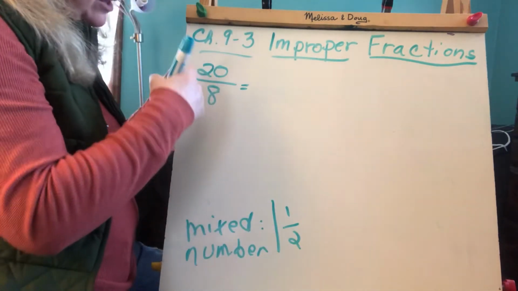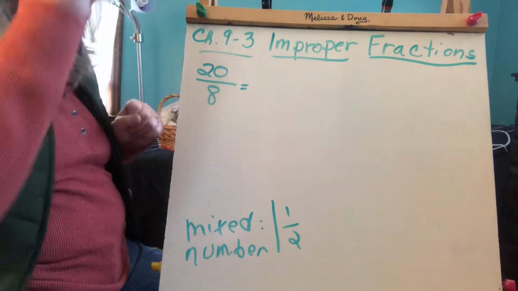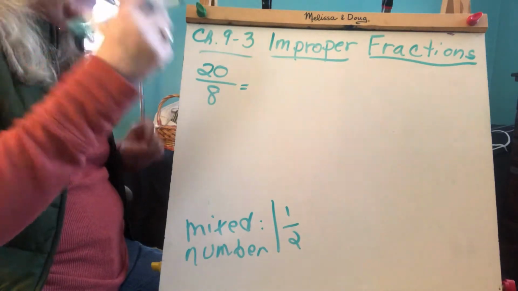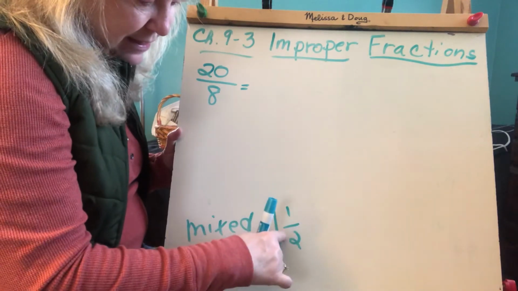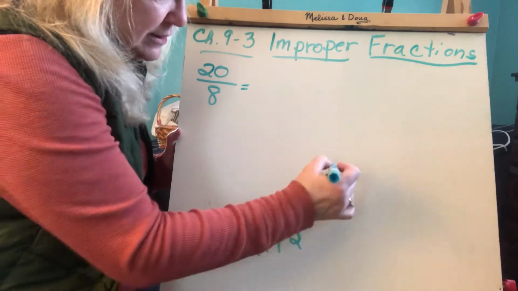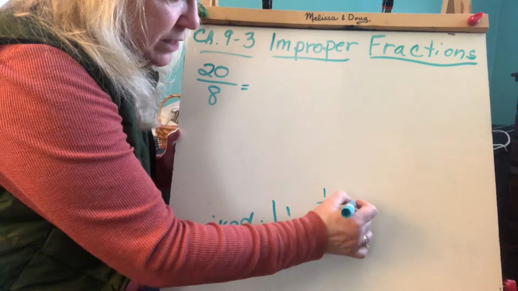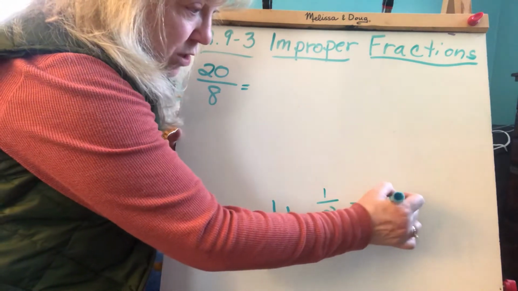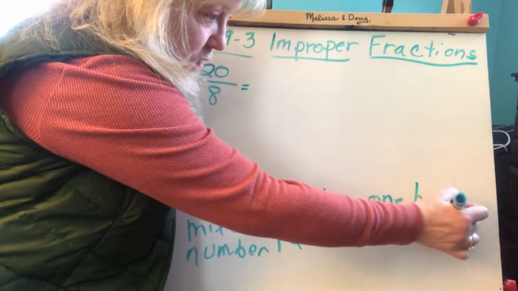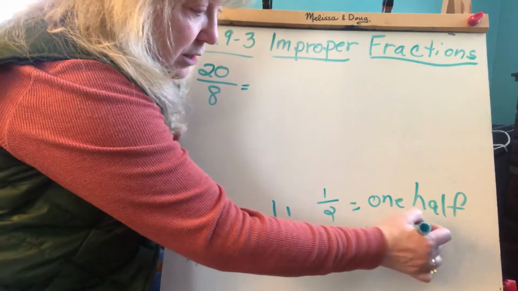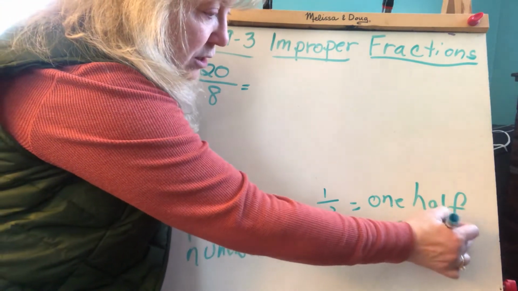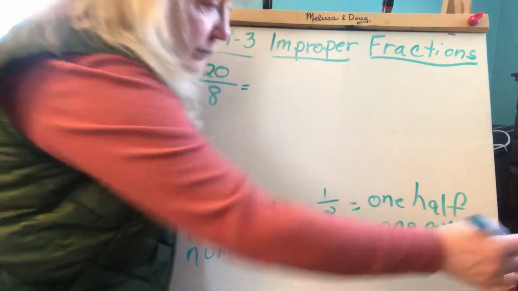First thing you have to remember is the 3 ways we can read a fraction. Let's say 1/2. We could say that 1/2 is just that, 1/2. We could also say it is 1 out of 2.